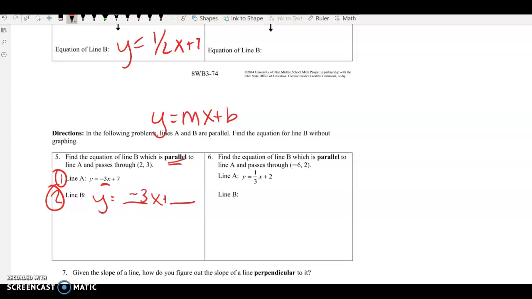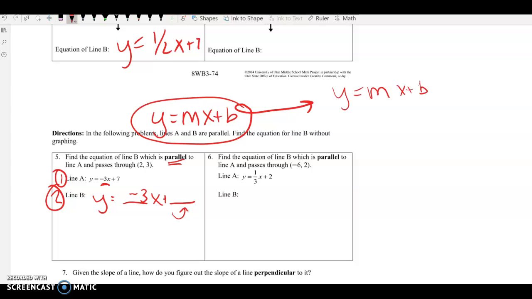But just like we learned in 3-1D, I don't have a freebie. I need to figure out where it crosses my y-intercept, because remember, 2, 3 is not on the y-intercept. So what I need to do is use slope-intercept form, just like we did in 3-1D and 3-1E, to figure out where my line crosses the y-intercept. They gave us a point for x, they gave us a point for y.